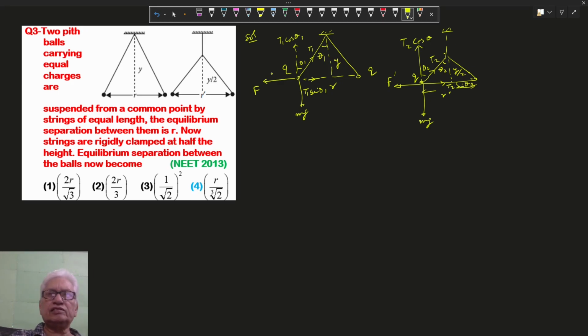So now in the equilibrium condition, we equate the horizontal and vertical forces.